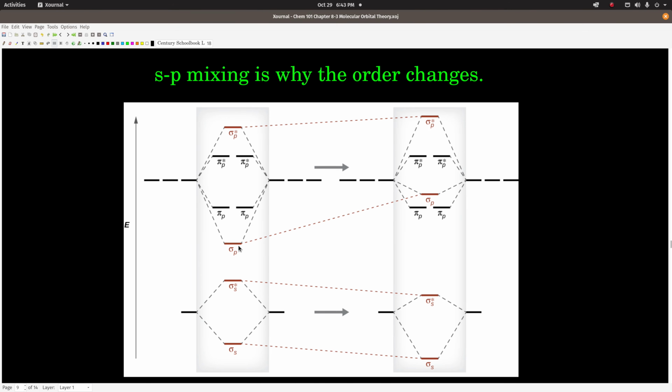And so for lithium through nitrogen, the sigma p and the sigma s molecular orbitals are close enough in energy so that they can mix, and the sigma p molecular orbital ends up being higher in energy than the pi p molecular orbitals. But once we hit oxygen, the energies are too far apart for mixing, and now the sigma 2p does not go up higher, but it stays down lower than the pi 2p's. Anyway, that's just an explanation of why the order changes. But really, as a practical matter, you just need to know the 2 diagrams.